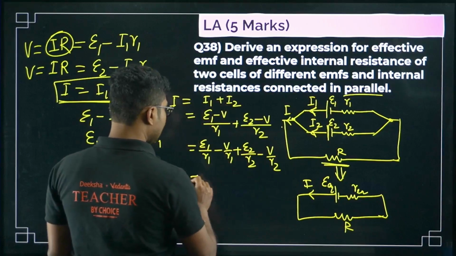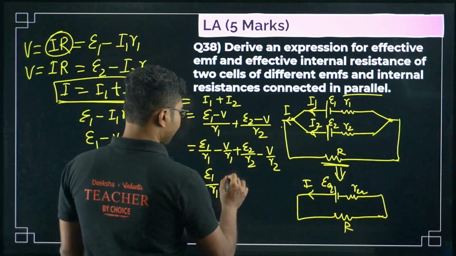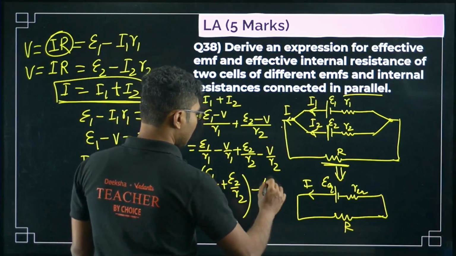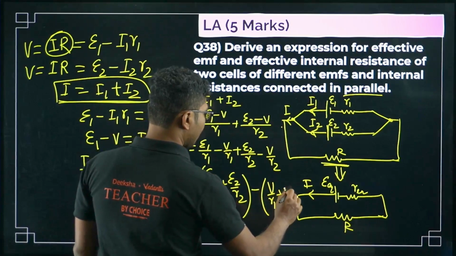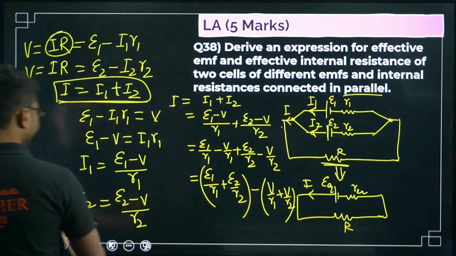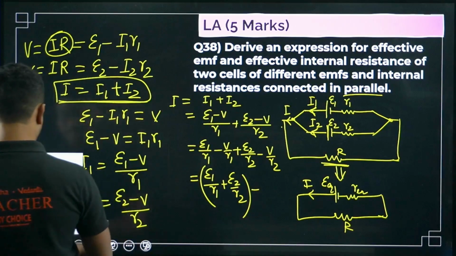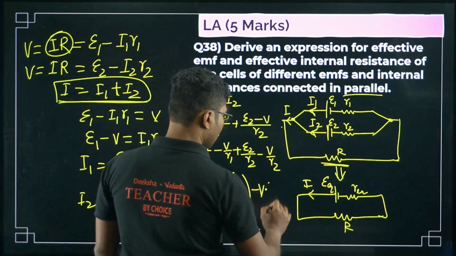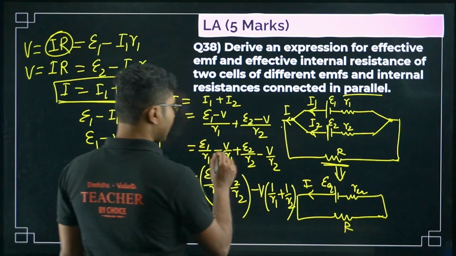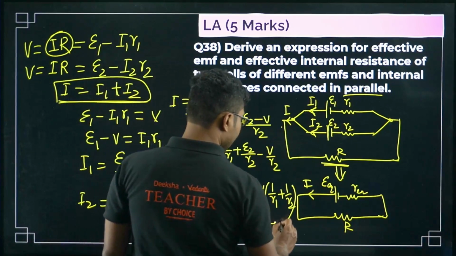So now let's organize it. Epsilon 1 by R1 plus epsilon 2 by R2 minus V by R1 plus V by R2. You can take this V common, so this will become V into (1 by R1 plus 1 by R2). The negative sign is common here, right? So this is the final equation. Let's name it 1.